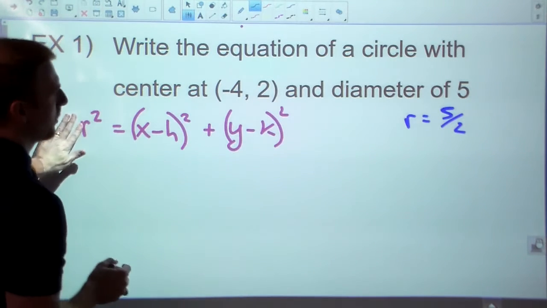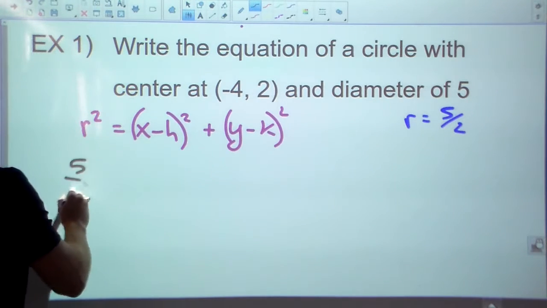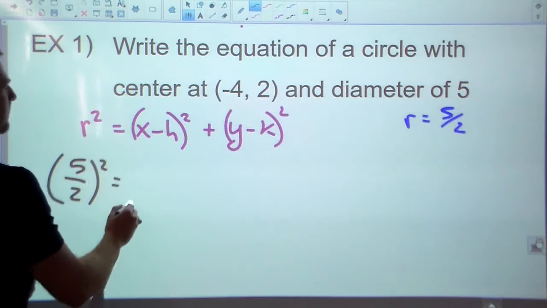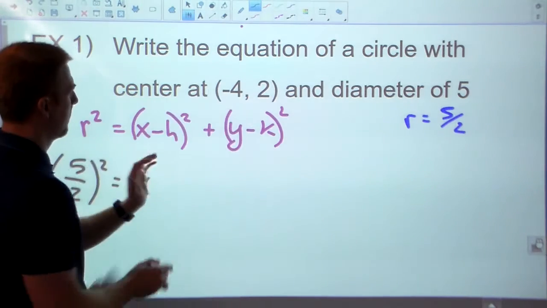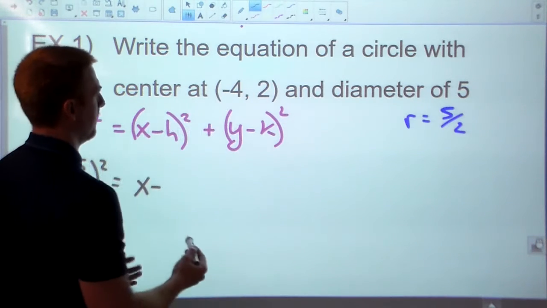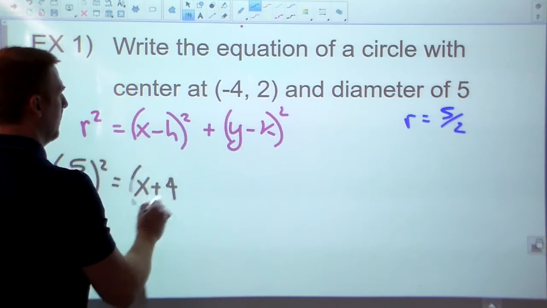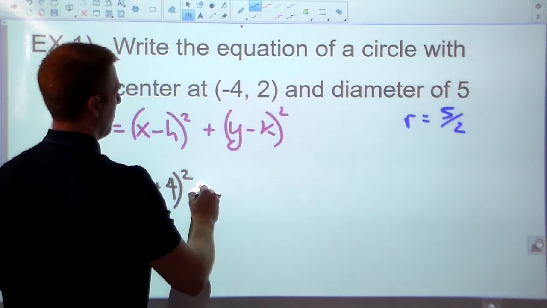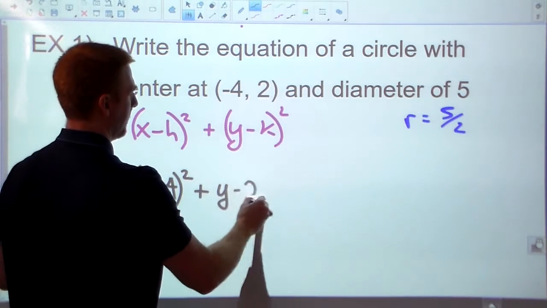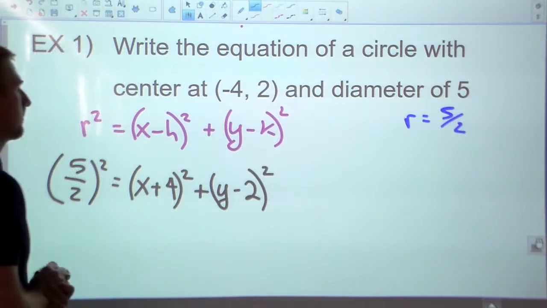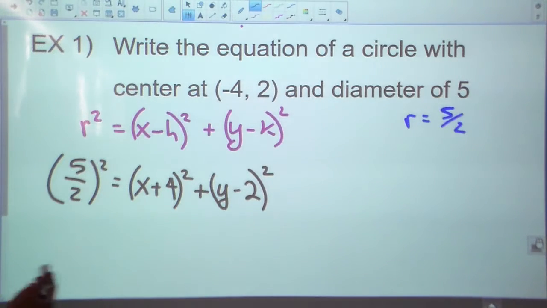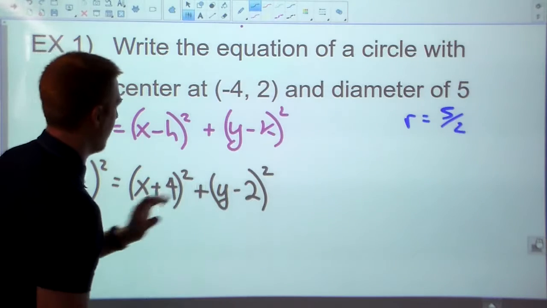All right, well, r squared, that's going to be 5/2 squared. And that's going to equal x minus your h coordinate. So x minus -4 is going to be x plus 4. That's squared. Plus y minus that y coordinate for the center point squared. And as far as making a definition here, you can leave these as they are.